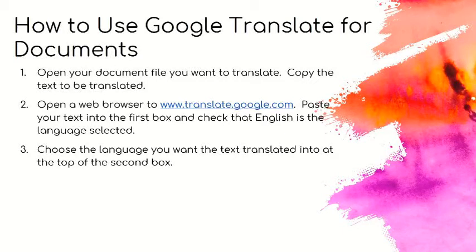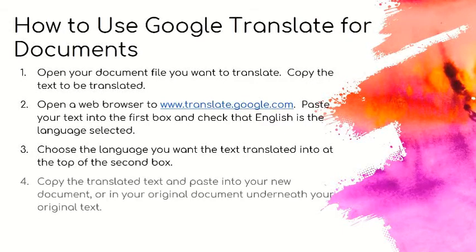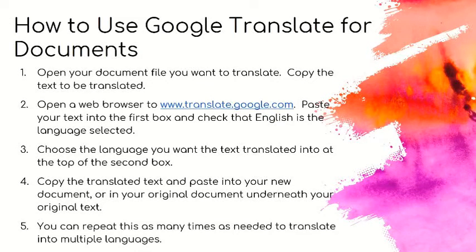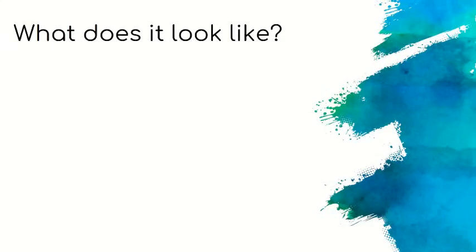On the box to the right, choose the language that you want the text translated into and copy the automatically generated text in the new language. You can paste this text underneath your English language content, or you can create a new document for each language you create. These steps can be repeated as many times as you need to translate into however many languages you need. This is what it should look like.